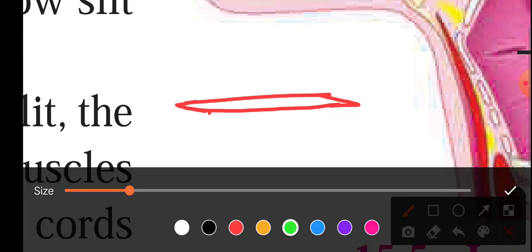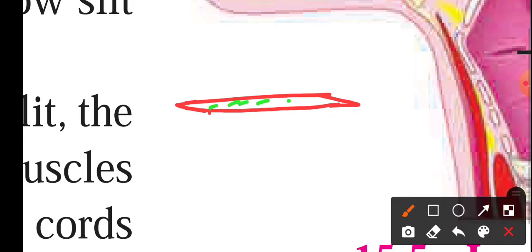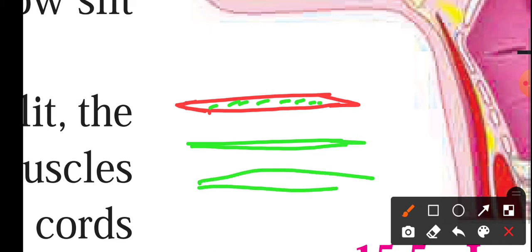By applying pressure on these two, we can make the slit wide open or narrow. By changing that, the sound being produced can be changed.